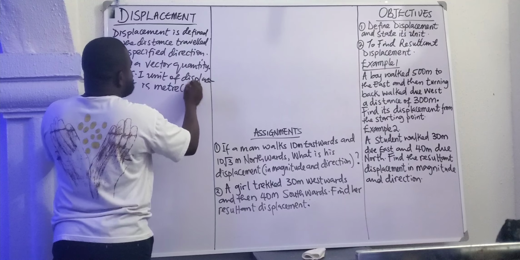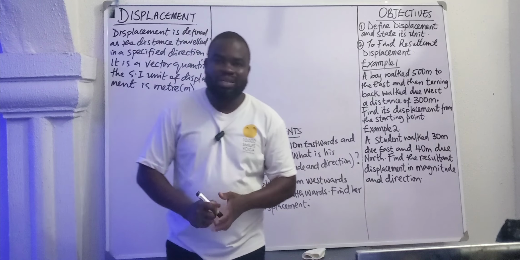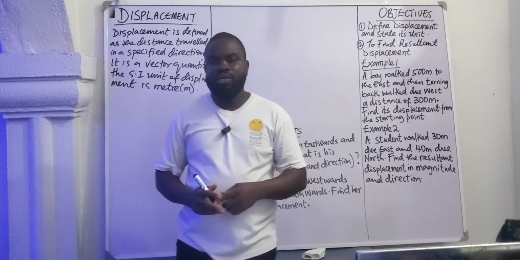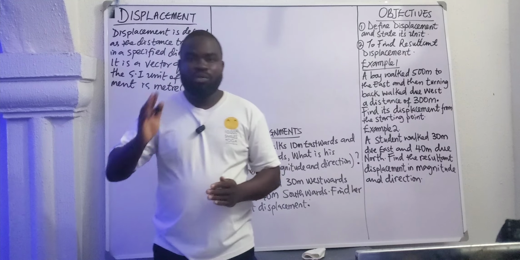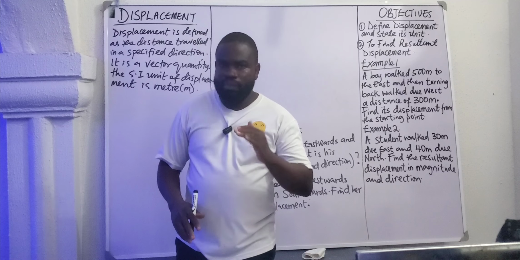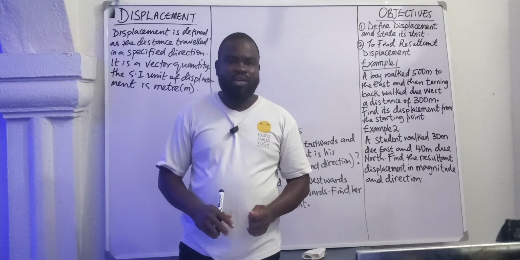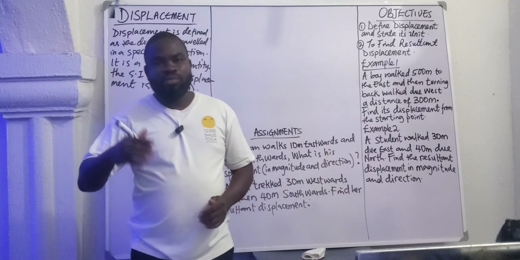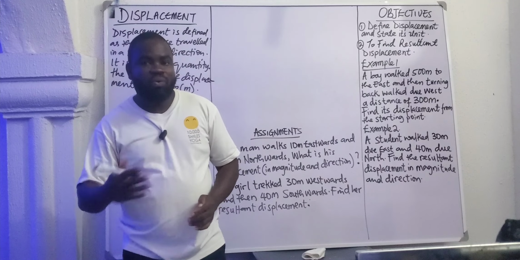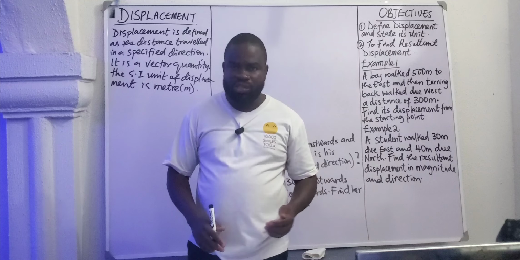So if you are asked to differentiate between distance and displacement, what will you say? By definition, distance is a measure of separation between 2 points. Displacement is distance traveled in a specified direction. Two, distance is a scalar quantity. Displacement is a vector quantity.